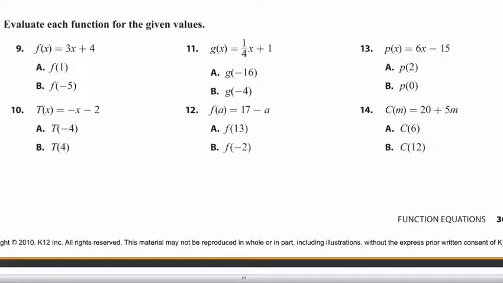Okay, page 301. We need to evaluate each function for the given values. Which one would you guys like to solve? Eeny, meeny, miny, moe, right? How about number 10? T of x equals negative x minus 2. This is our function.